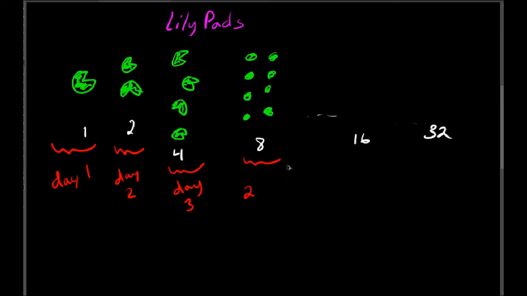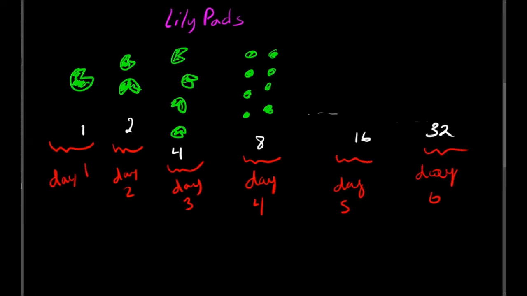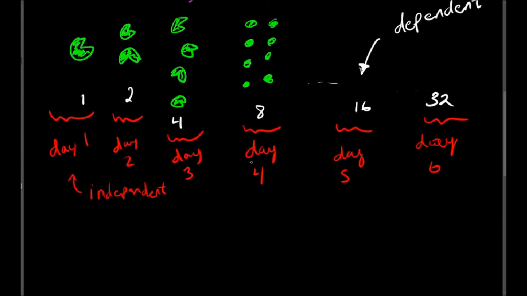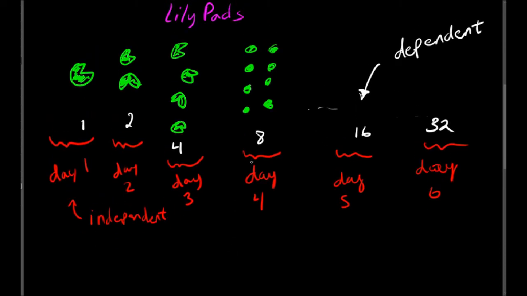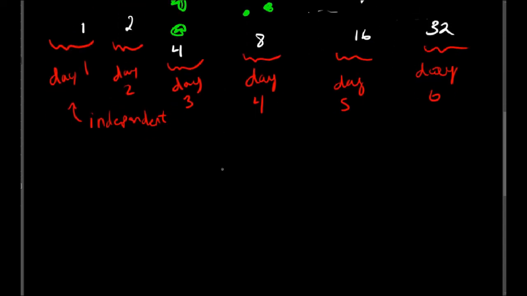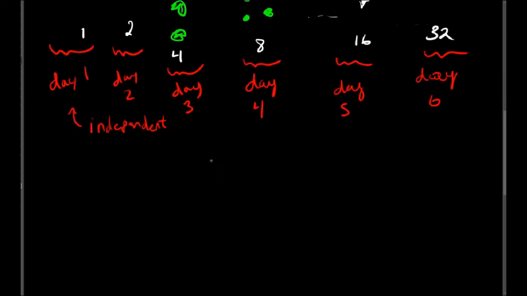Every day, the number of lily pads is going to double. And now by writing all of this out, I've basically made a table where my independent variable is days and my dependent variable is the number of lily pads. And so I can come up with an equation that describes this data. It's going to look something like y is equal to 2 to the x minus 1 power.